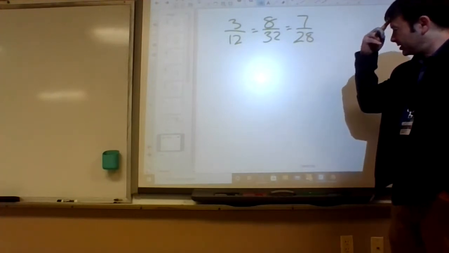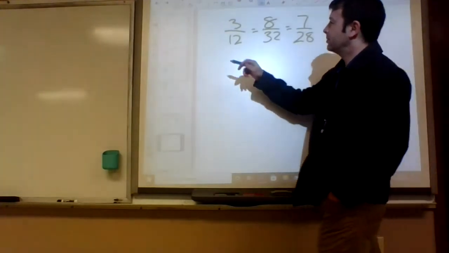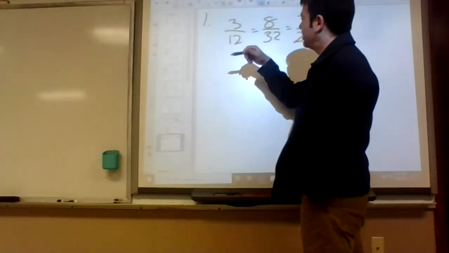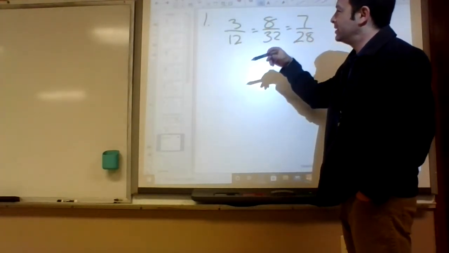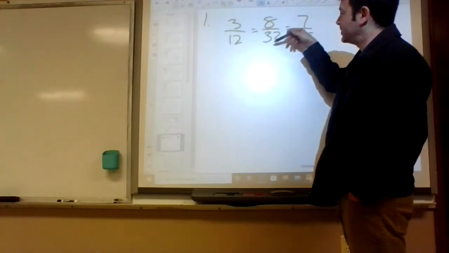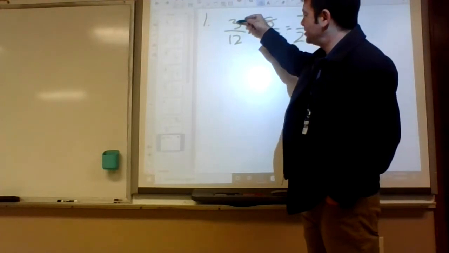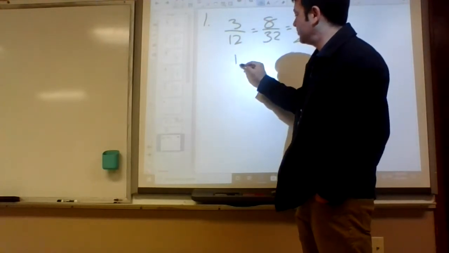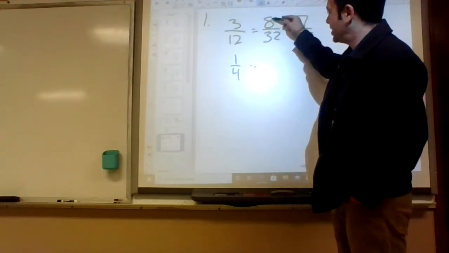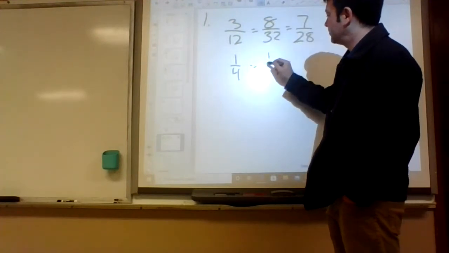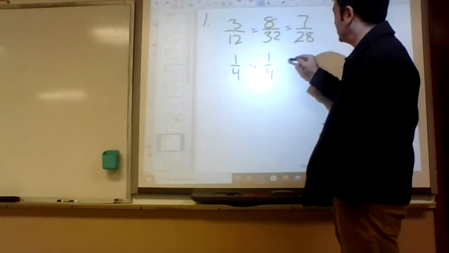How can we tell if those are equal or not? Reduce them is one way. Another way, you can divide all of them and see if they divide out. If we divide these by 3, that would be 1 to 4. If we divide these by 8, that would be 1 to 4. If we divide these by 7, that would be 1 to 4.